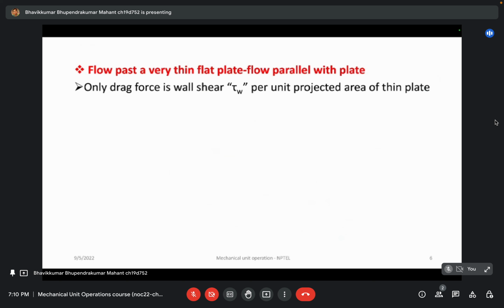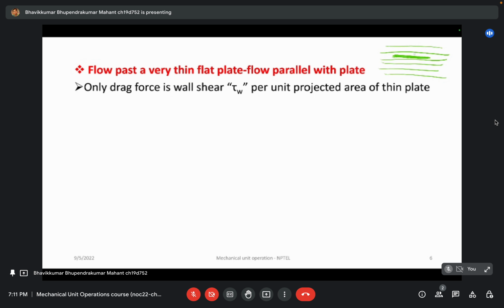Now, this is the important phenomenon when any flow is flowing in a particular direction, in a streamlined manner or any other manner, but mostly we are focusing on the streamlined manner. If we put a very thin plate in the same direction as the flow, then there may be a different interaction between the flow and the plate, and because of that there will be a change in the flow direction, or a change in the pressure and velocity components of the flow.